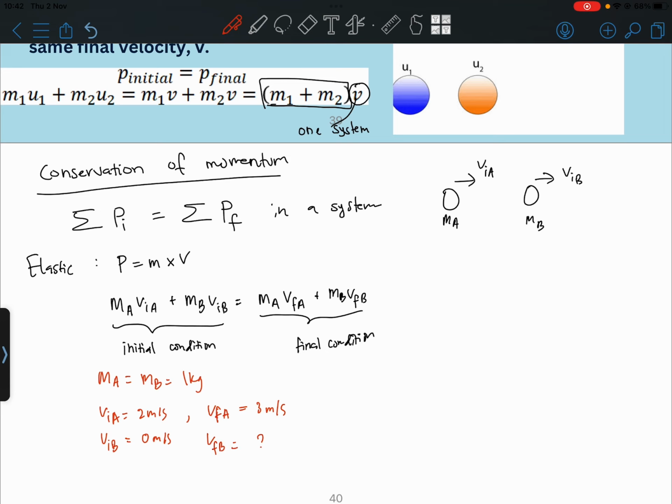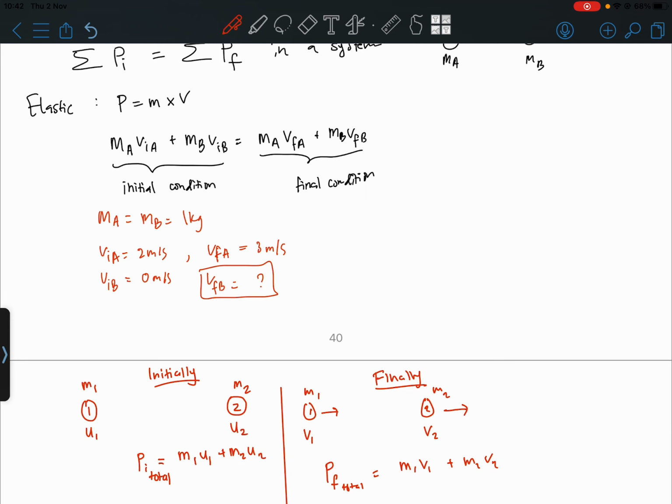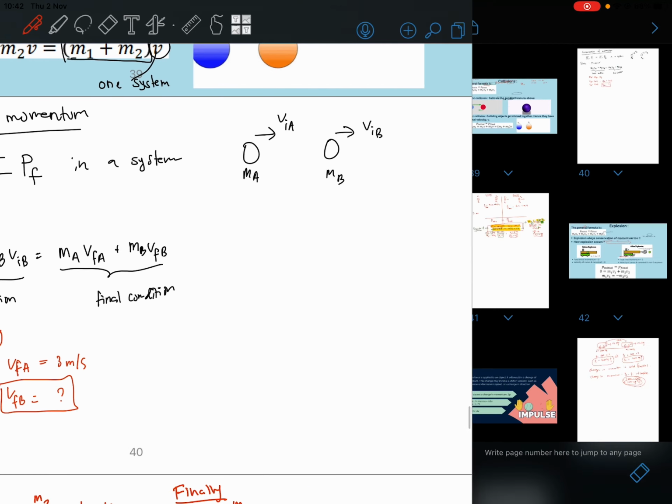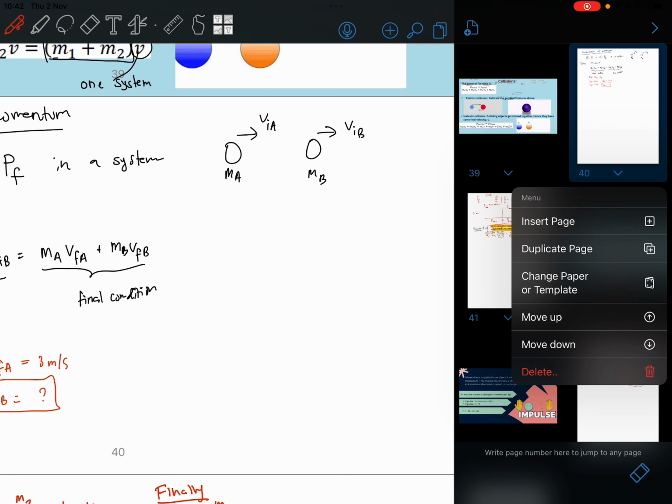So you just put the values into this formula, substitute, and then solve for VFB. So that's how it works.